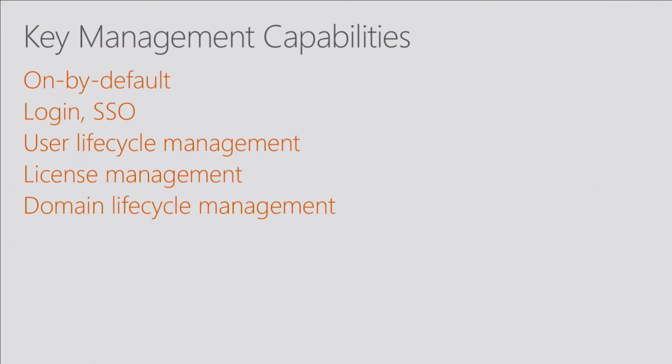You don't want to go and do this adding users and domain business to every service that you have. You just want to do it in one central place and things flow. All these key management capabilities that you expect for any service are now seamlessly integrated and available in Yammer with the familiar Office 365 management capabilities that you already probably know and use. So you don't need to learn a new set of tools or new set of capabilities. It's all seamless and one.